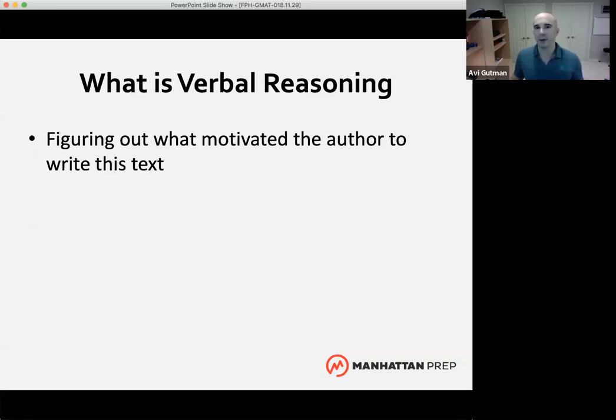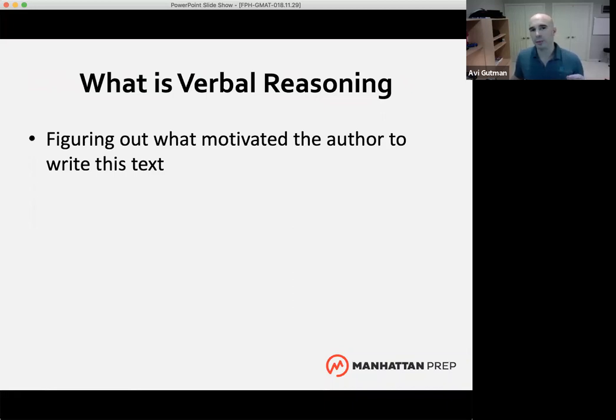Critical reasoning, how do we find the conclusion of an argument in critical reasoning? Well, the conclusion is the reason why the author wrote the argument. Right? There's something that motivated the author to write this piece of text. If we can figure out what that was, what motivated the author, then we'll be able to easily identify the conclusion of the argument.